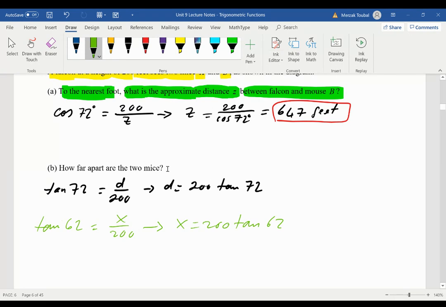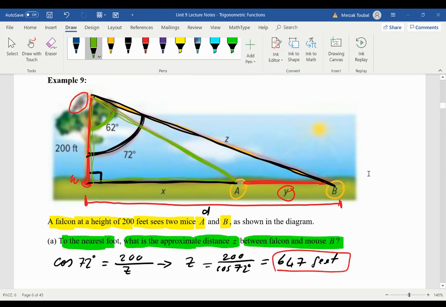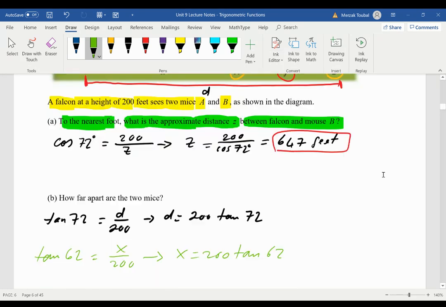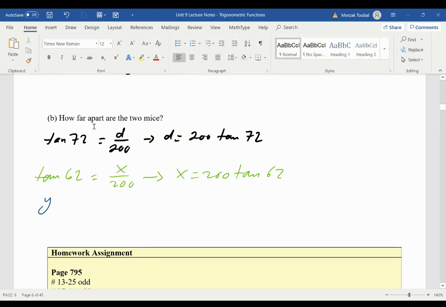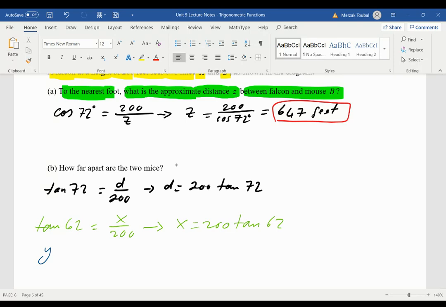Now let's go back to the figure. We said that y equals D minus x. So let's write y equals D minus x, which is 200 tangent 72 minus 200 tangent of 62.